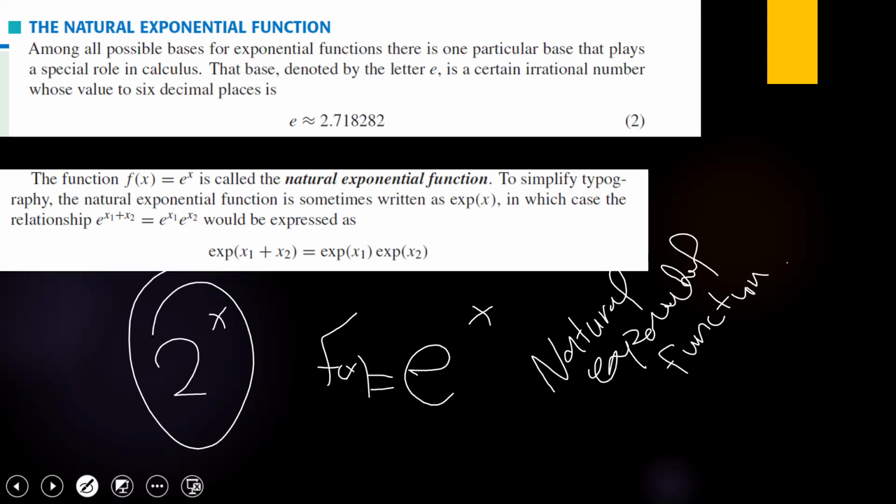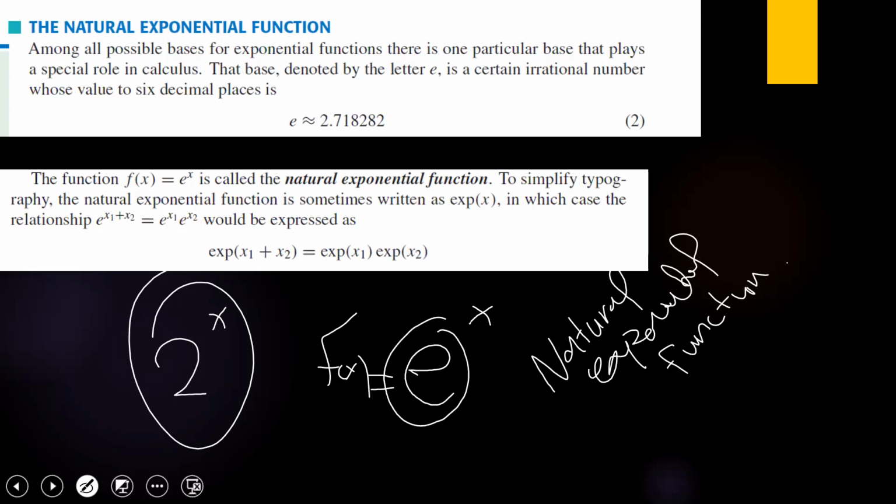Okay. Now today we will talk about a special case of the exponential function, but here not with a base b, not with a number 2 or 5 or half, but with the natural number e.